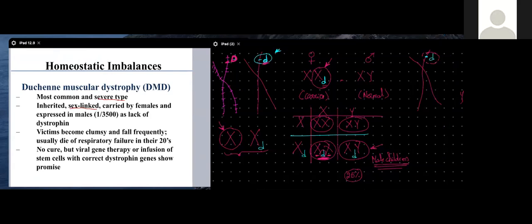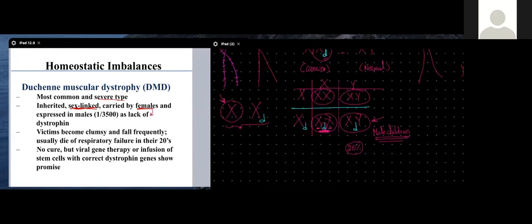All right, so again, what we're looking at here is a homeostatic imbalance that affects the skeletal muscles. It's a sex-linked muscle disease. Usually females will be the carriers for the disease, and the disease affects their male children.